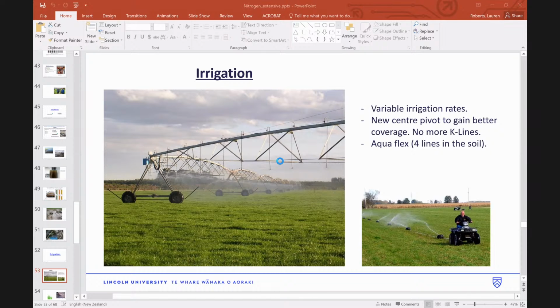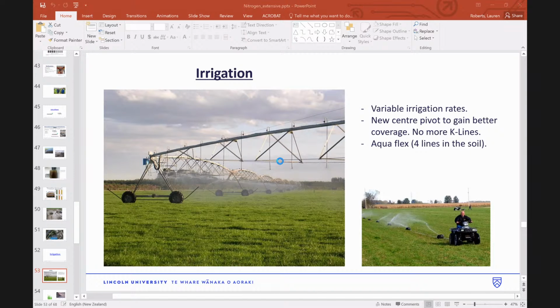Which is why 50% of farmers have them. Instead of just trying to judge it by eye, what you're actually understanding is the soil profile. So you're always keeping it topped up to the optimum amount. But it's also really good because it means that you don't overwater. Because once again, if you've got that nitrogen or the nitrate sitting in the soil and you overwater, all it's going to do is take it down through the soil profile past that root system.